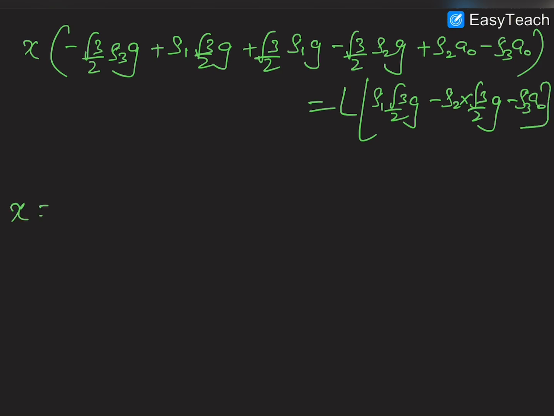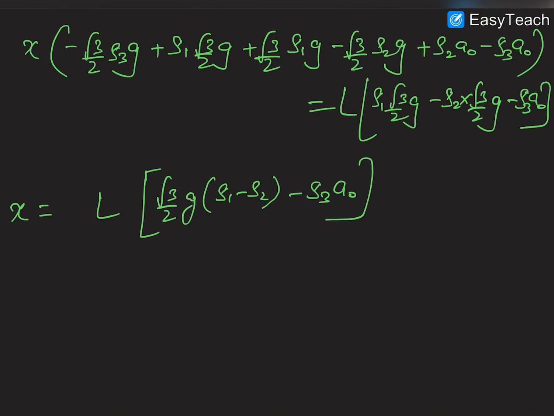So x will be equal to L times the bracket of root 3 by 2g, this is rho 1 minus rho 2 minus rho 3 a naught divided by these terms.